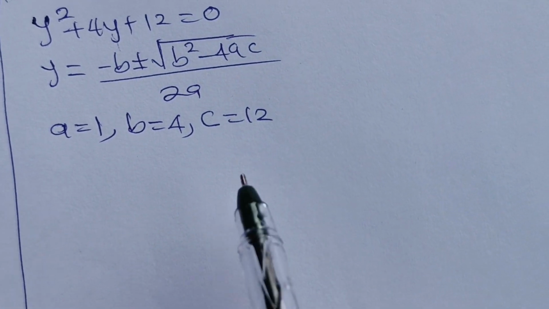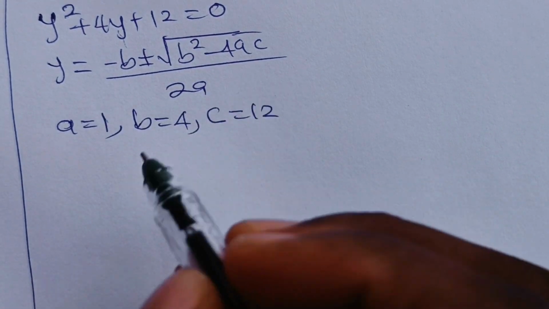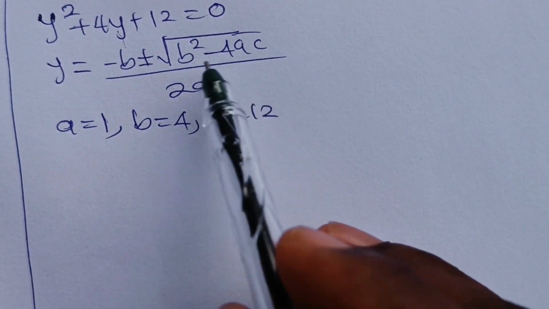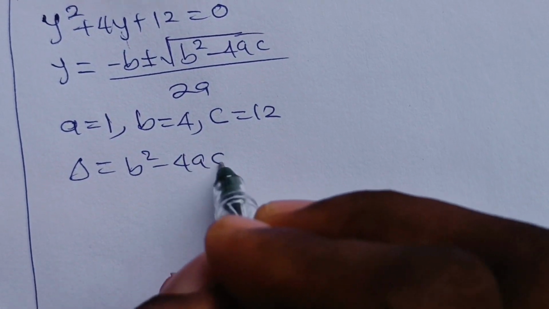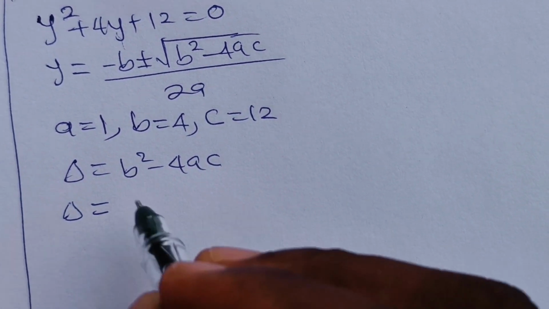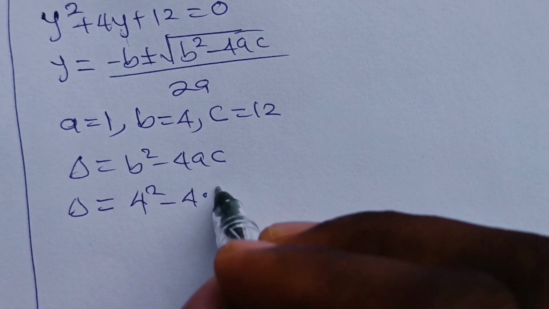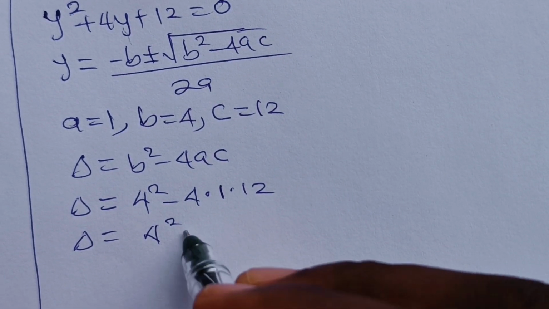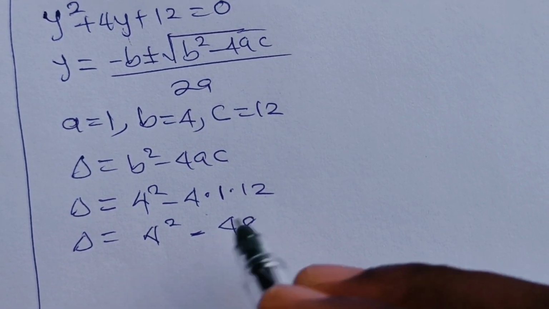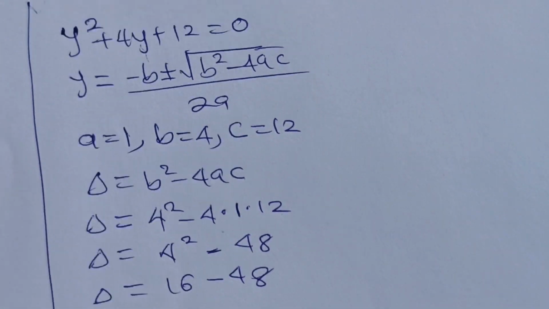Now let's see what is happening here. If we substitute, let's check the determinant first. So our determinant is equal to b squared minus 4ac. So our determinant is going to be 4 squared minus 4 multiplied by 1 multiplied by 12, so 4 squared minus 48. So the determinant is 16 minus 48. If you solve this, you are going to get minus 32.